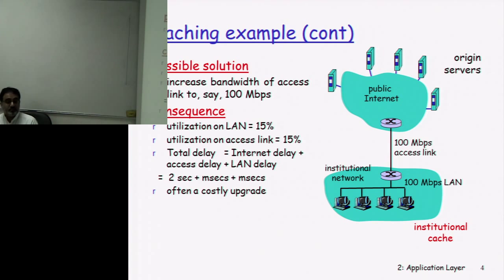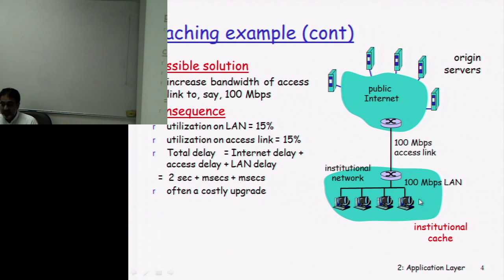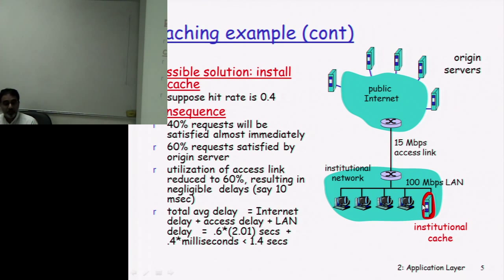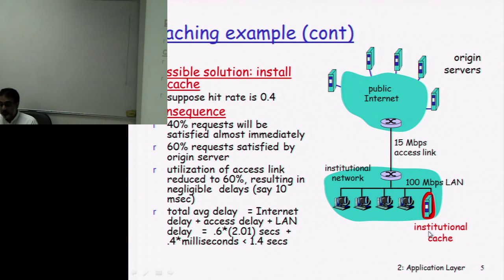Better than this, we can have another solution by introducing a local cache. So in this case, the delay will be less than 1.4 seconds. So which solution is better? This one, which is more costly, and the delay is not reduced to a significant level as compared to this one, in which the delay is reduced significantly, and the solution is also not very costly.